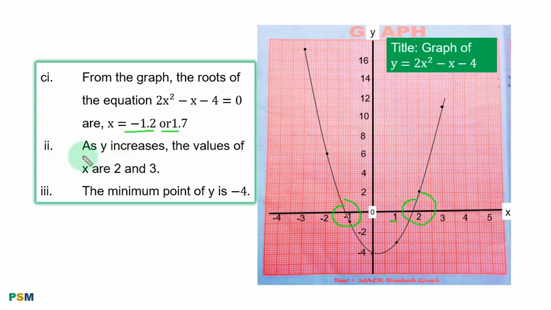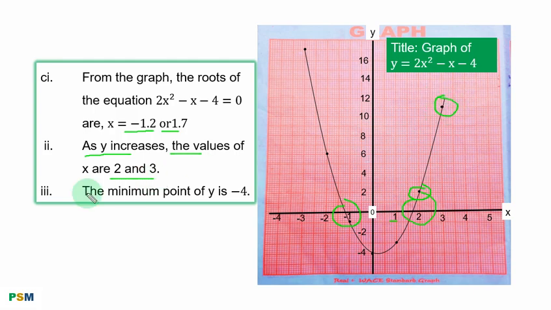Roman figure 2, as y increases, the values of s are 2 and 3. We know from here you have decrease. You have decrease, and the increment in y begins from this point where s is 2, then to 3.